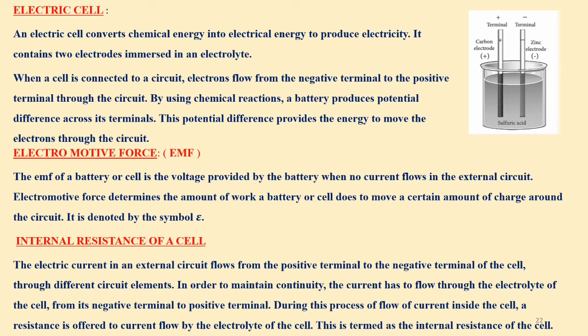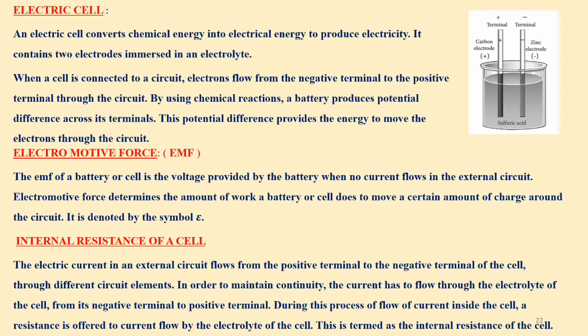When a cell is connected to a circuit, electrons flow from the negative terminal to the positive terminal through the circuit. By using chemical reactions, a battery produces potential difference across its terminals. This potential difference provides the energy to move the electrons through the circuit.